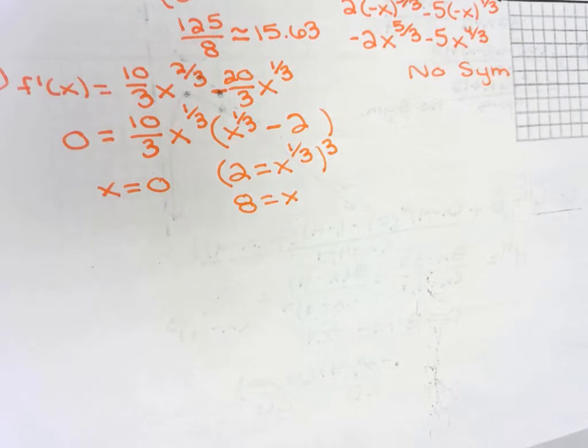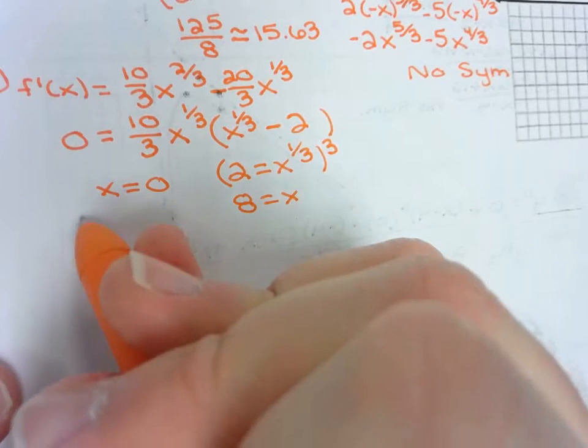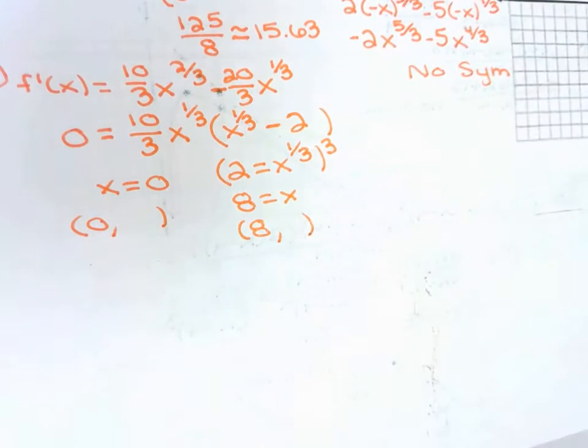So I have critical points at 0 and 8. Now, like I said, I want to actually know those points because that's going to help me with the graph. So let's plug those x values into the original because I want to know what the y values are. They're critical points, so I'm thinking they're going to be high points or low points, relative maxes or mins. Let's plug them into the original to see what the y values are.